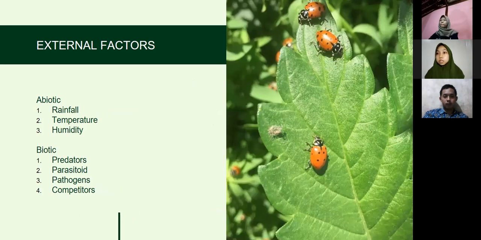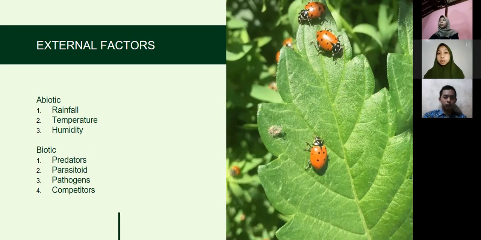Insects are cold-blooded organisms whose body temperature is greatly influenced by environmental temperature. Every insect has a certain temperature range. Then humidity has a big influence on pest life. When the humidity is suitable for the insect life needs, the insect tends to withstand extreme temperature.